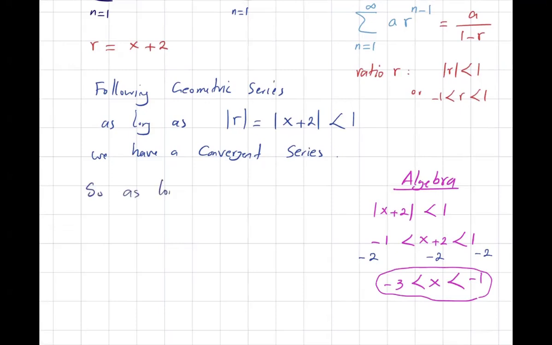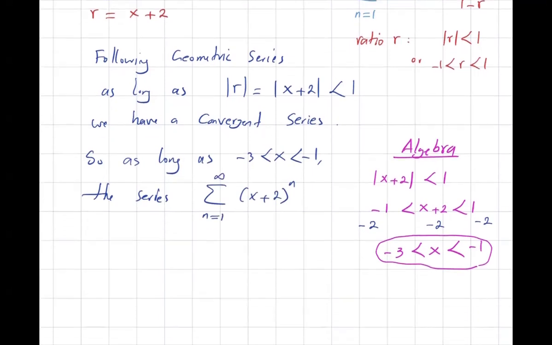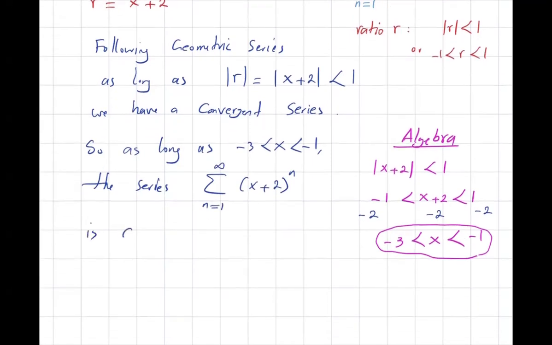So as long as my x is bounded between -3 and -1, the series (x + 2) to the power n, and starts from 1, goes to infinity, is convergent to a divided by 1 minus r. But what is your a in this case, right?